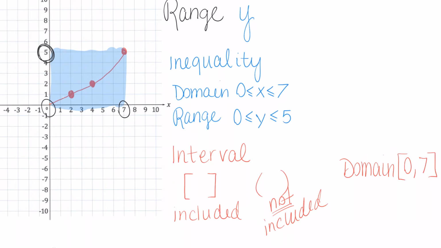And that shows that 0 is our starting point and 7 is our end point. And the range would be the same as we had before, except this would be [0, 5] with square brackets. Again, we're choosing square brackets because those numbers are included. They were part of it.